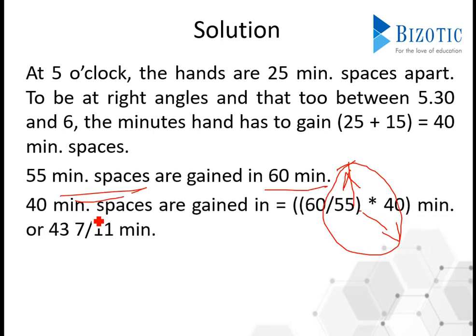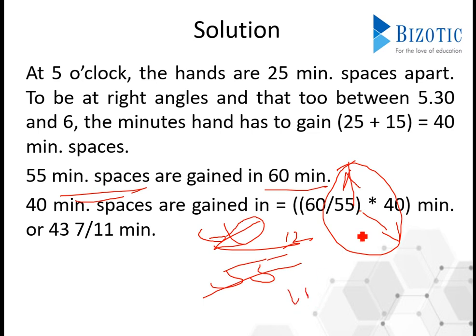By cross multiplication, 60 by 55 into 40, you will get 43 7 by 11. How to do that calculation? 60 by 55, so it will go in 12 by 11, and then you have 40 here.